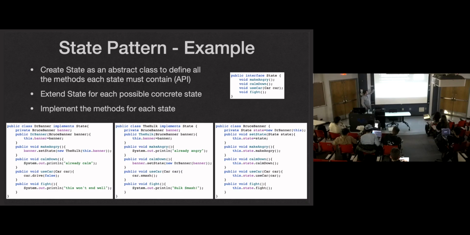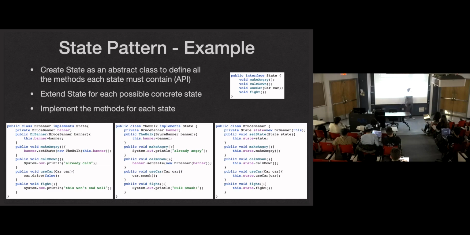And we have a bit of overhead. The extra complexity here is getting a reference to the object to which the state is attached. This is where we have a bit more going on. So whenever we create a new state object, we're going to pass that Bruce Banner reference to it so it knows the Bruce Banner that it's attached to.